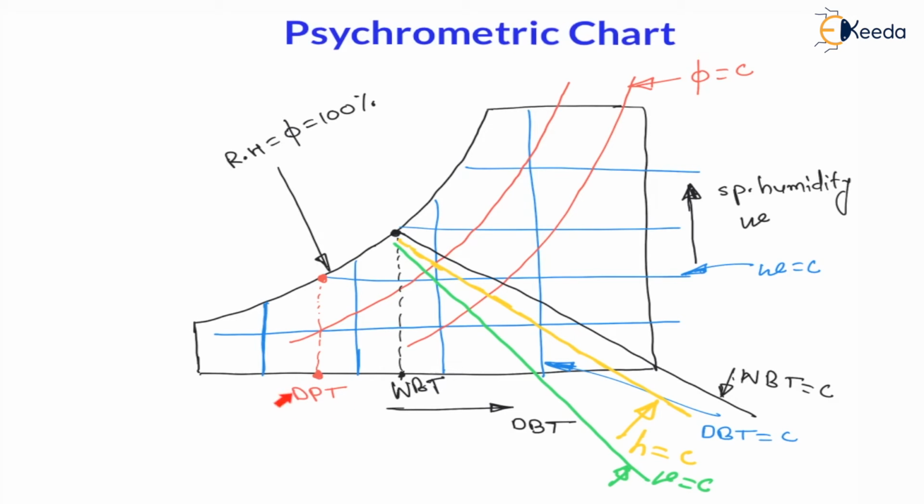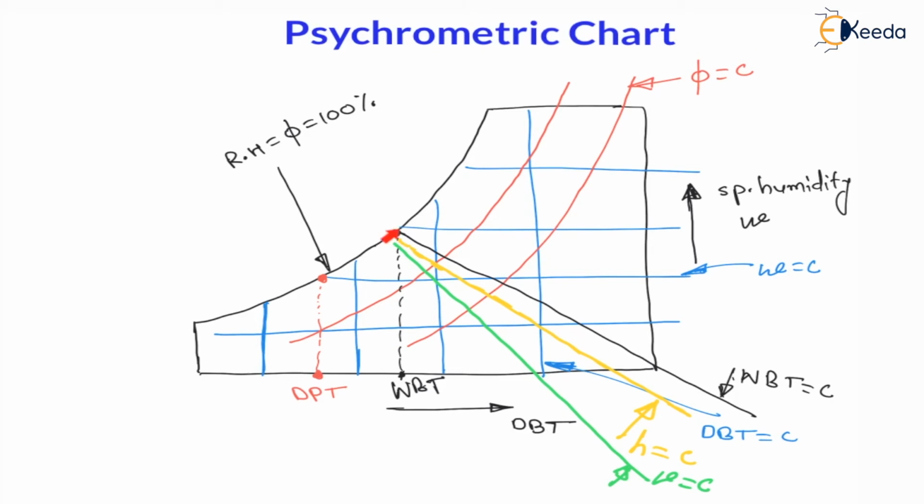Therefore, dew point temperature lines are also considered as horizontal lines with uniform spacing. Then, the curved lines parallel to the relative humidity equal to 100% line are called constant relative humidity lines. That means on these curved lines, relative humidity is constant.